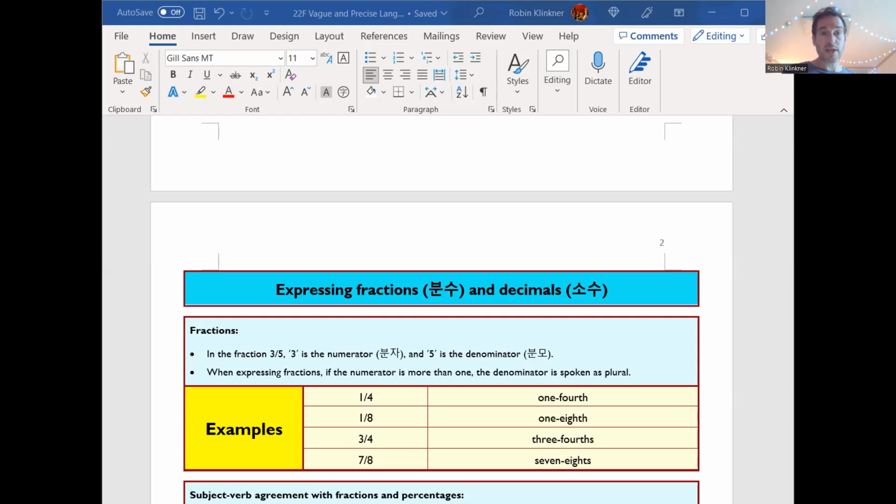When expressing decimals for amounts and measurements other than dollars, the number to the left of the decimal point is spoken first. The decimal point is spoken as point. And then the numbers to the right of the decimal point are spoken as separate numbers from left to right.